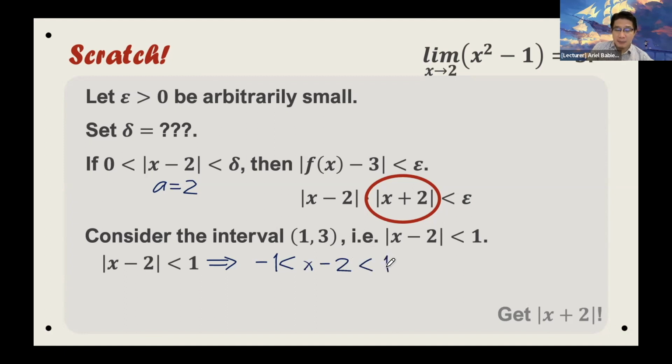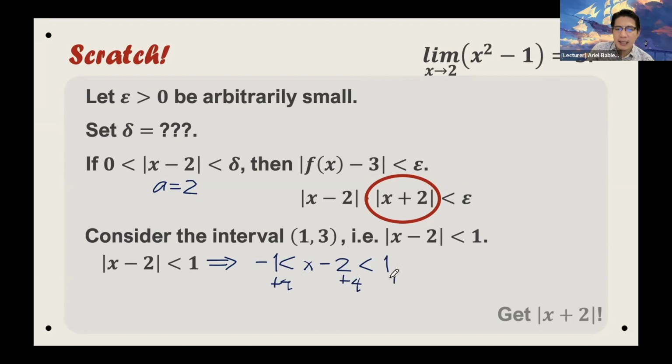Again, this might be too much for those who just encountered the epsilon delta today, first time. Again, I'm just showing you that it's not always the easy case. And I'm showing it with you with this example. At ang kailangan daw natin, kailangan natin ng x plus 2. So to get an x plus 2, you have to add a 4. And I think alam niyo naman kung bakit tayo mag-a-add ng 4 sa bawat part ng inequality natin.